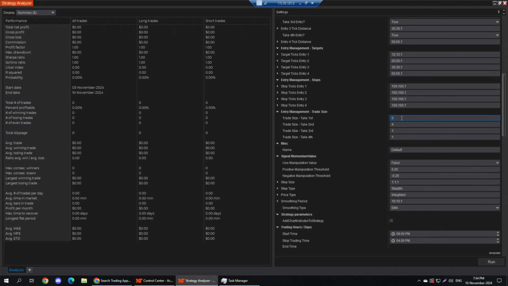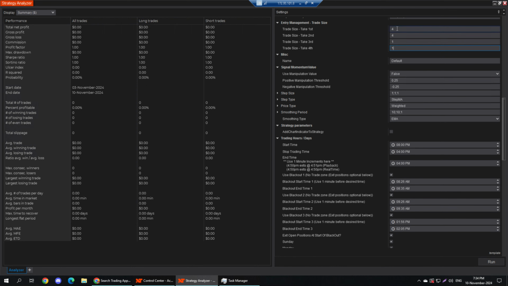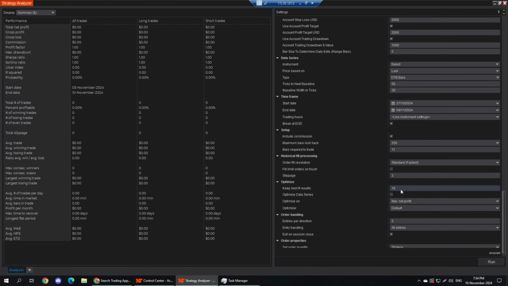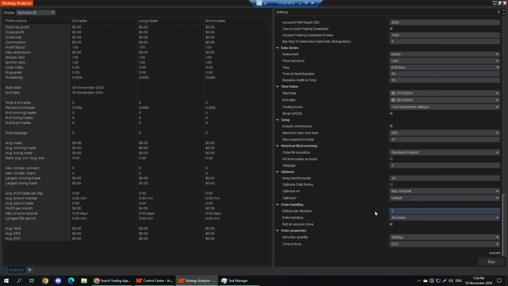It might only fill 2 of them, and then it might fill the rest of the next 2 a few seconds later. So we want to make sure that the amount of entries that we've got in here are actually put in the entries per direction. So if we go to entries per direction, we need to make this 10, looking at these specific settings.